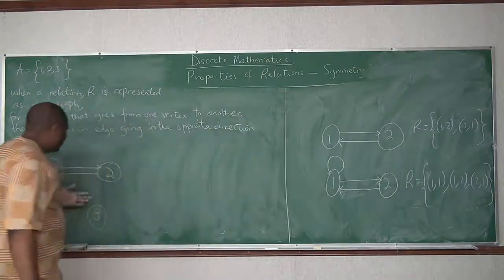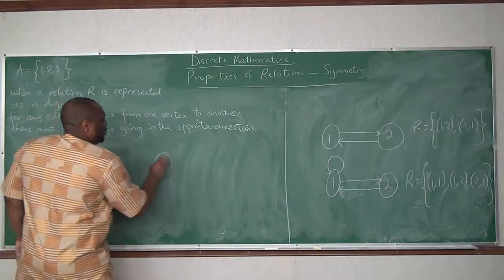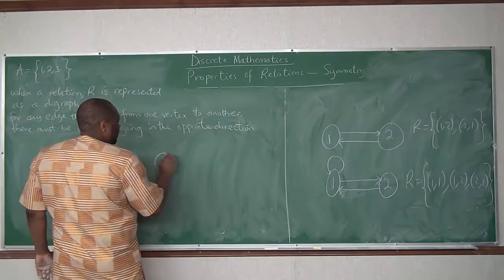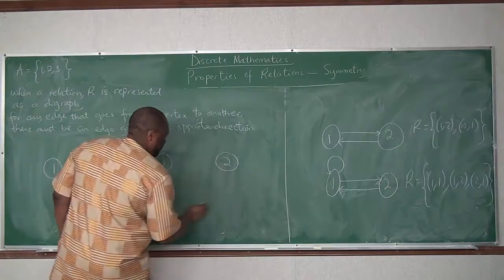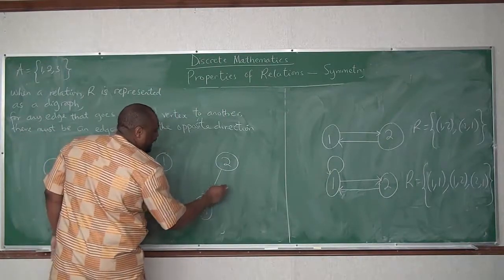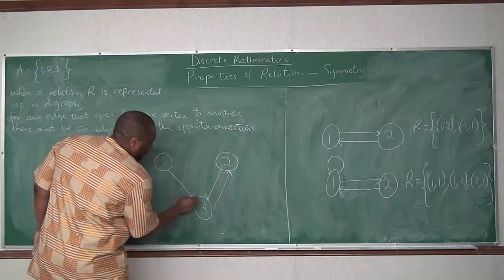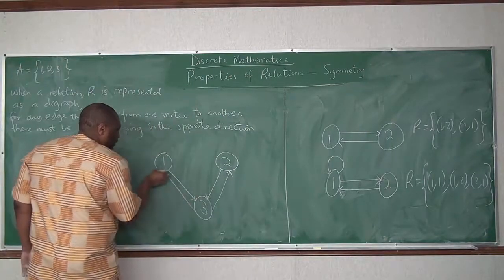So it's possible to have 1, 2 and 2, 1 only. That is still symmetric. If you have 2 to 3, then you must have 3 to 2. That's the main thing. If you have 1 to 3, then you must have 3 to 1.